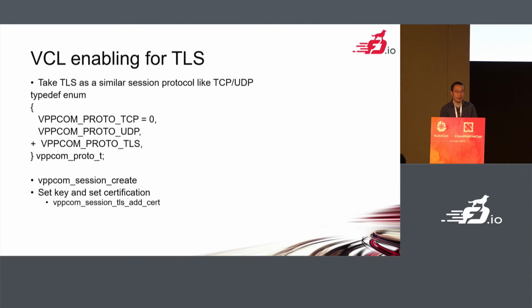Another thing is that everybody knows TLS needs a certification and also needs a key. So we also provided an interface to help you provide your certification and your key, through VPP session TLS add cert and TLS add key.